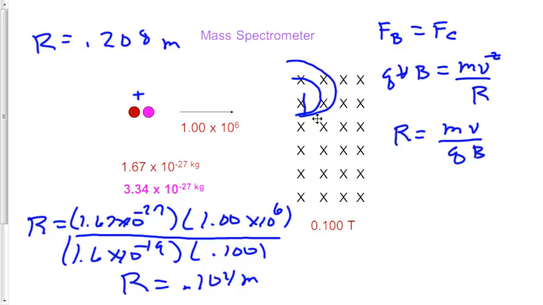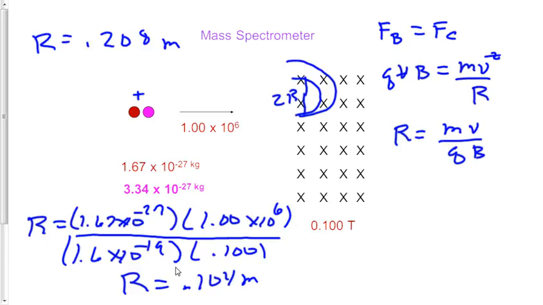Now, we want to know the difference between the path lengths when they hit this side here. We notice that the path length from here all the way to there is actually going to be 2r. So it enters here and curves all the way around. When it hits the detector, that's going to be 2r, or simply the diameter of the circle.